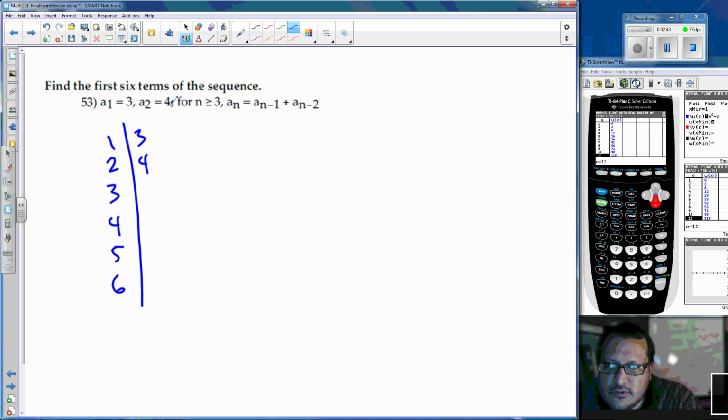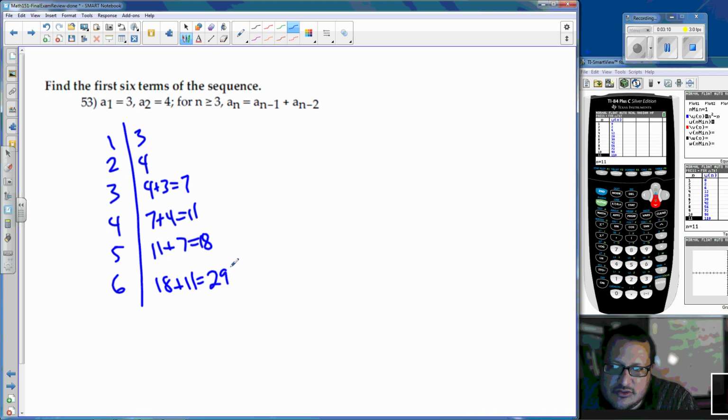And now this says just add up the 2 previous numbers. Add up a sub n, which would be a sub 2 plus a sub 1. So 4 plus 3 is 7. Add up the previous 2 numbers. 7 plus 4 is 11. 11 plus 7 is 18. And 18 plus 11 is 29.